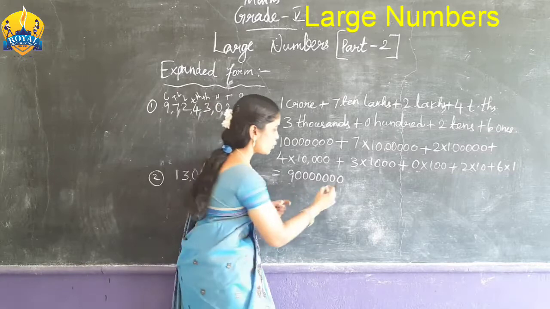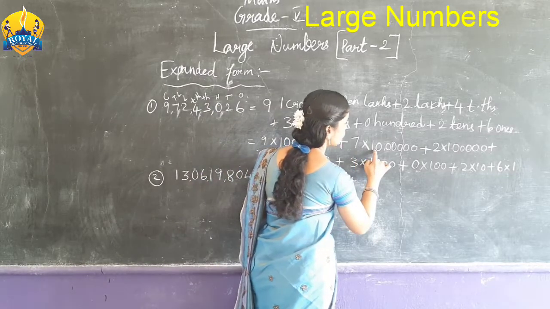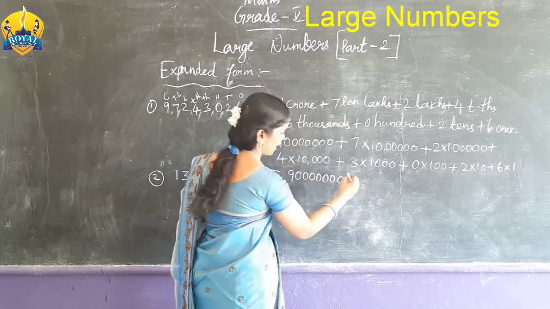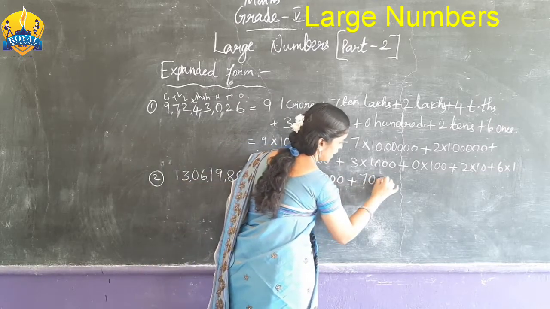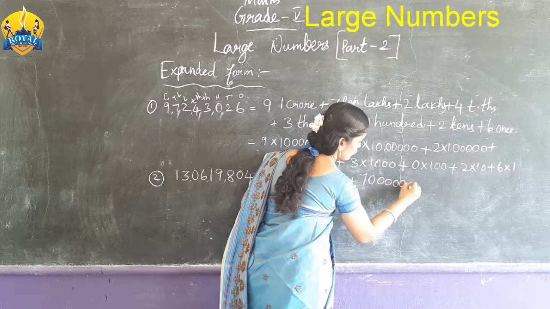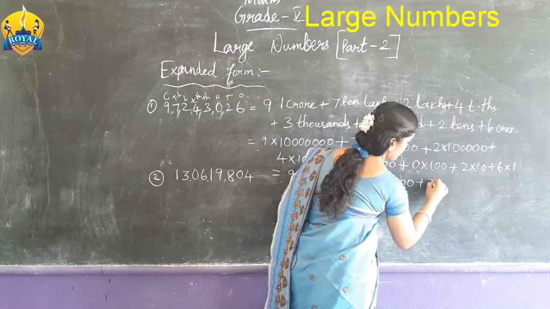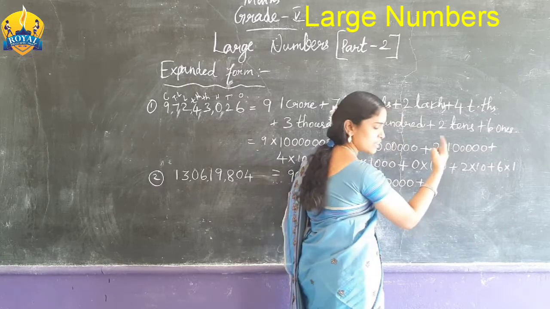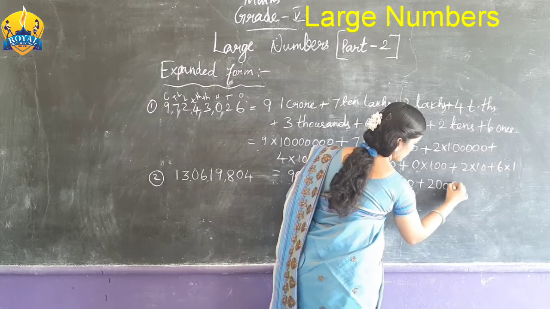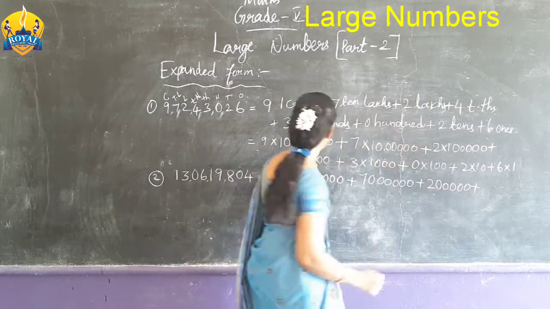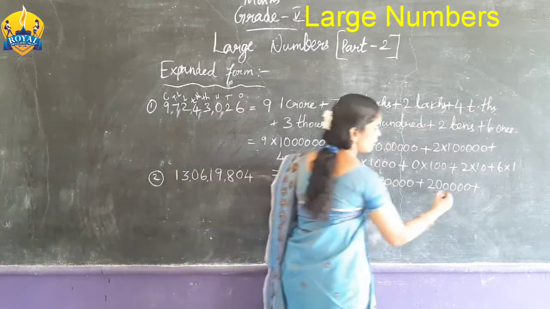Okay. 9 crore plus 7 into 10 lakh. 7 into 10 lakh, so 70 lakh. Lakh means 2, 4, 5. The next one 2 into lakh. So 2 lakh. 2 into 1 lakh is 2 lakh. 2 and 5 zeros. Right. Plus 4 into 10,000, 40,000.